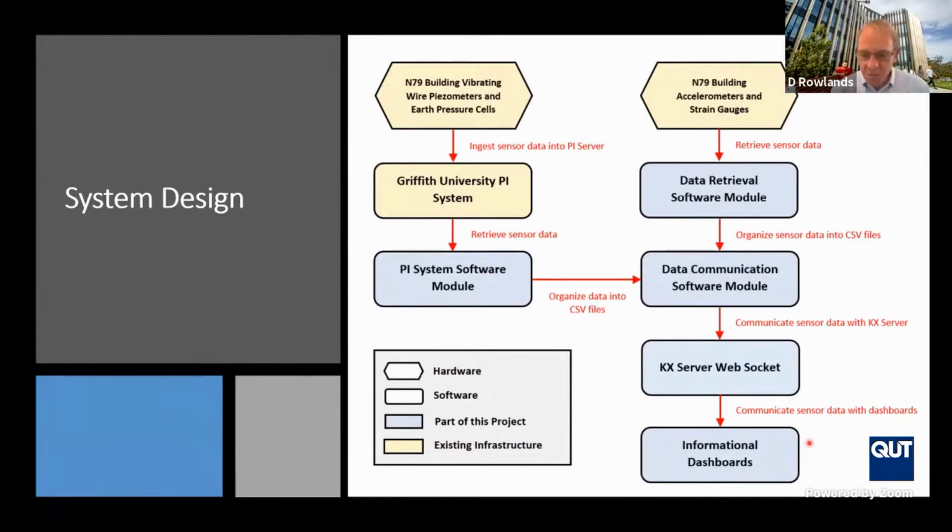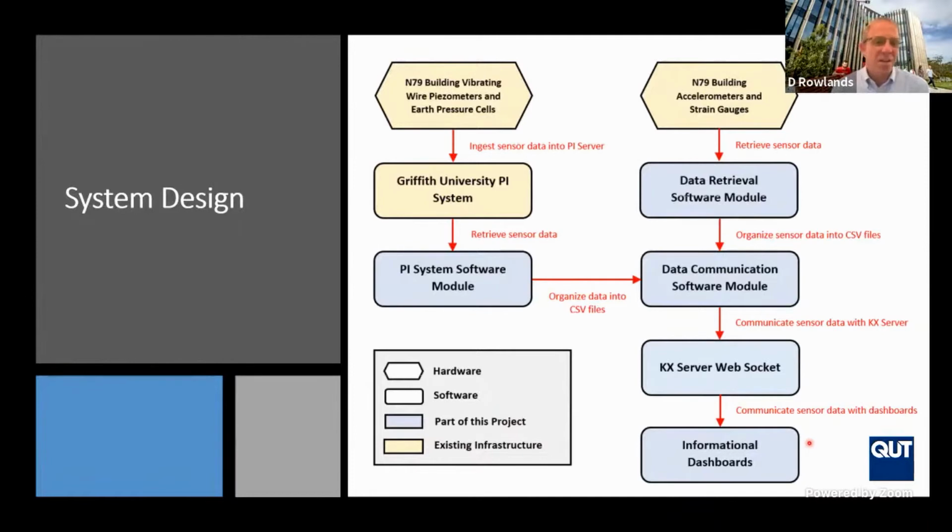The KX system will then store it in its live or short-term database and its long-term database, and then we can extract the data directly using the tools already existing in the KX subsystem to display useful dashboards.